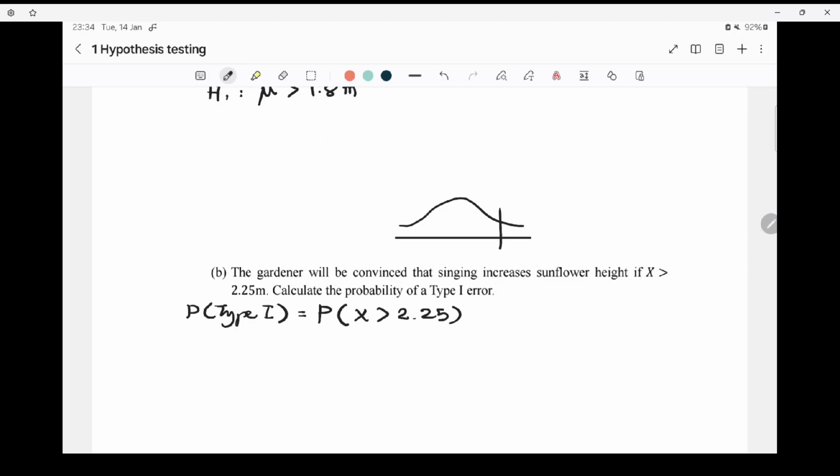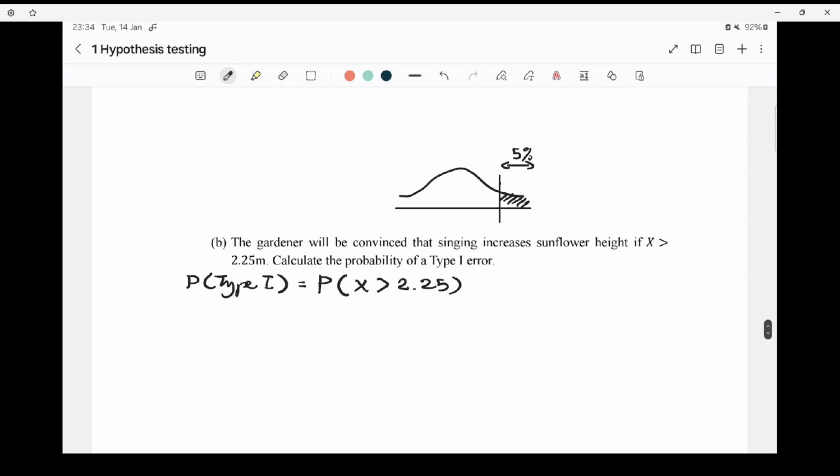If they tell you the significance level, let's say 5%, then you don't need to calculate anything. 5% will be your probability of a type 1 error, because this is a continuous random variable. That is why they did not tell you the significance level, because they want you to calculate this.